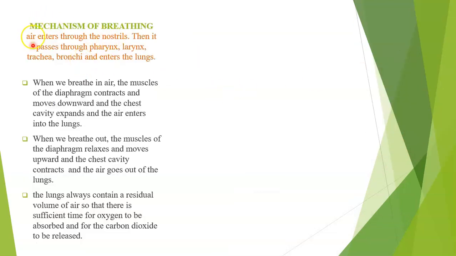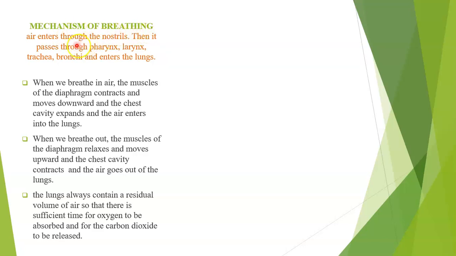Now we have understood the respiration. We have also understood how the gas exchange is taking place. Now let us understand how the organism is breathing. So what is the mechanism of breathing in organism, right?